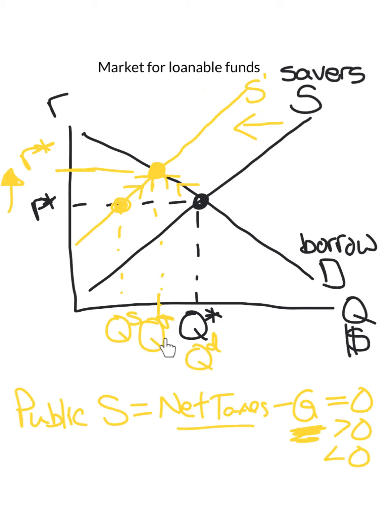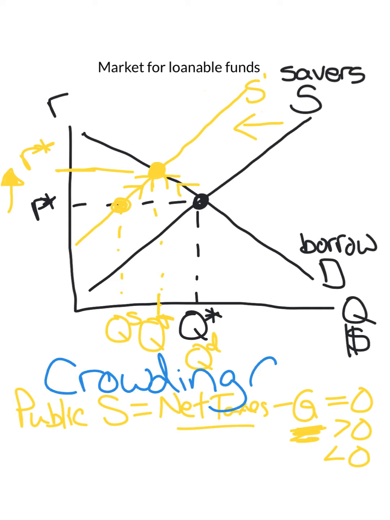So the impact is that the government spending is going to crowd out investment by private entities, right? We have a special term for that I just mentioned, and it is crowding out. So when the government spends a lot, it can end up crowding out private investment spending.